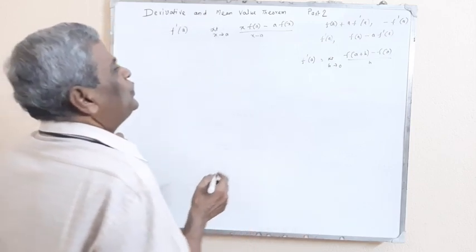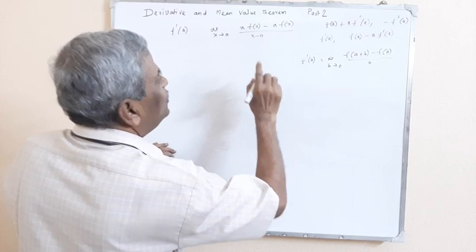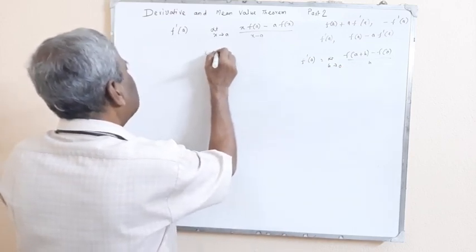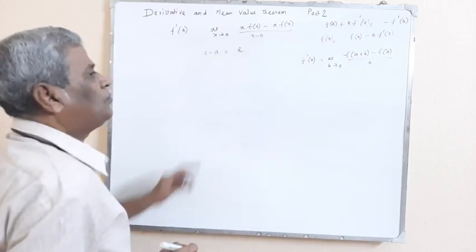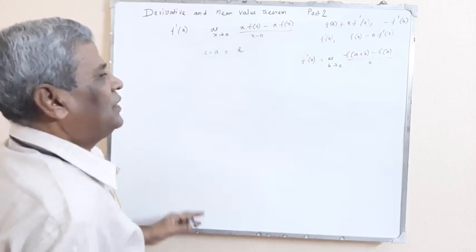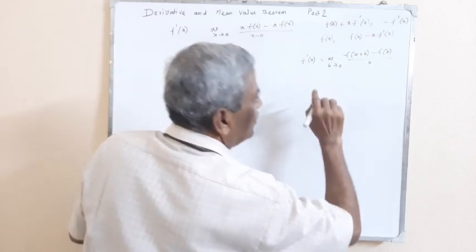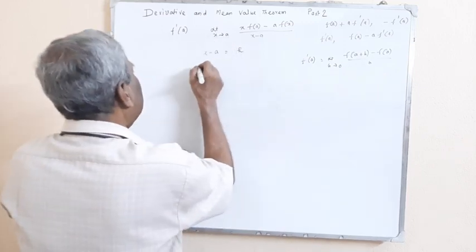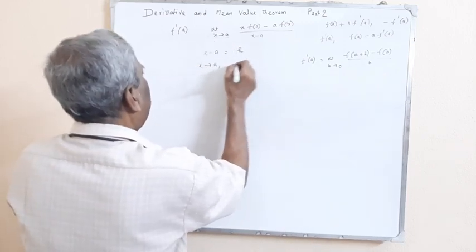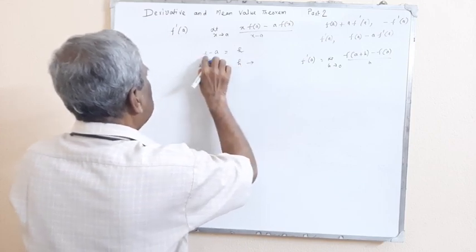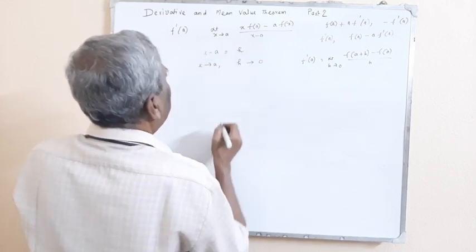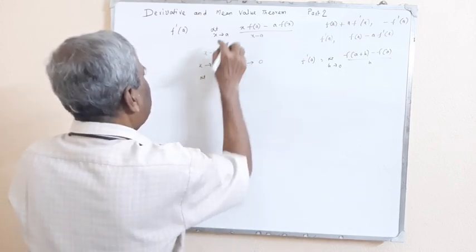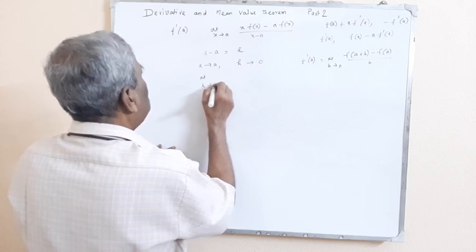Now, to take advantage of that formula, let us take x minus a is equal to h. As x tends to a, h tends to 0. So this becomes limit h tends to 0.